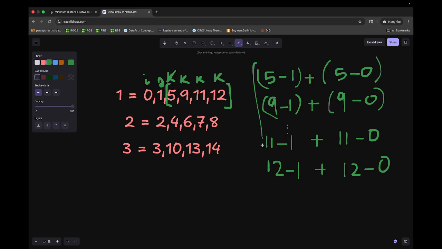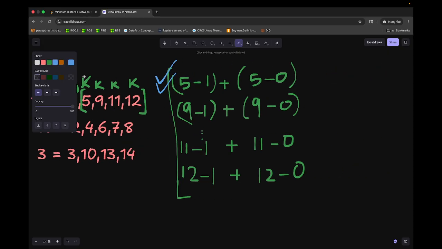Out of these four, the first sum will be the smallest: 4 plus 5 comes out to 9, then 17, then 21, and then 23. So this will be the smallest.